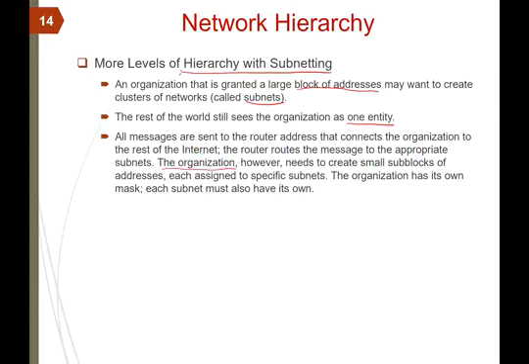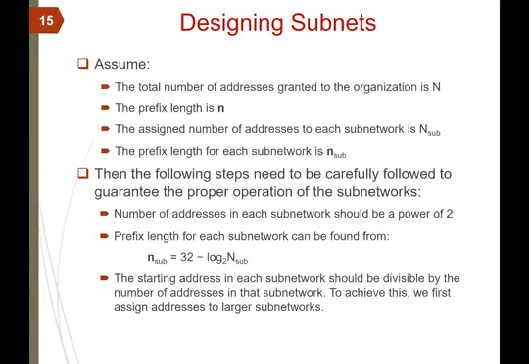The organization, however, needs to create small subblocks of addresses, each assigned to a specific subnet. The organization has its own mask, and each subnet also has its own. So you'll have a subnet mask, then the organization will have a mask, then you create subnets. We use some examples to explain these things.